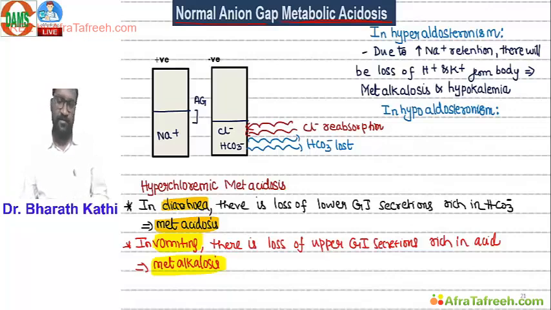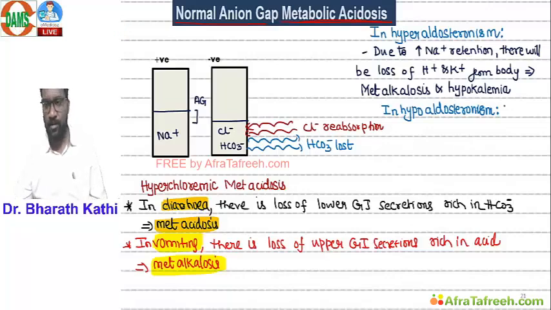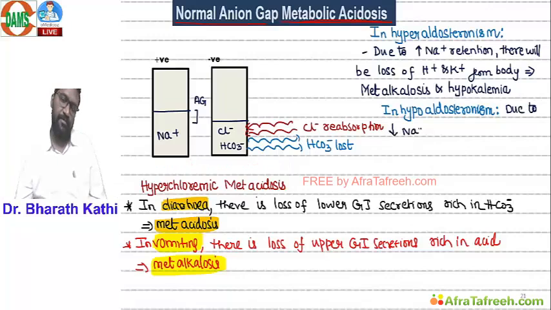If H plus is staying excessively, metabolic acidosis. K plus is staying excessively, hyperkalemia, due to decreased sodium reabsorption.